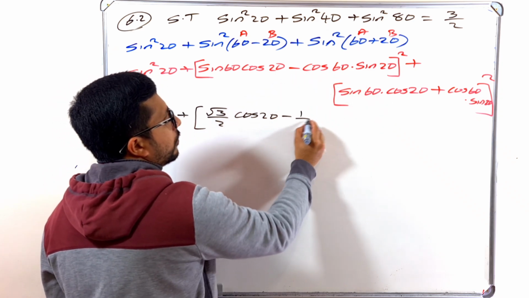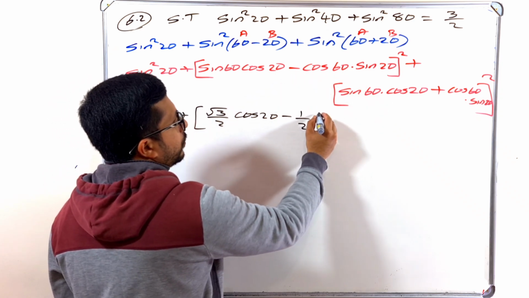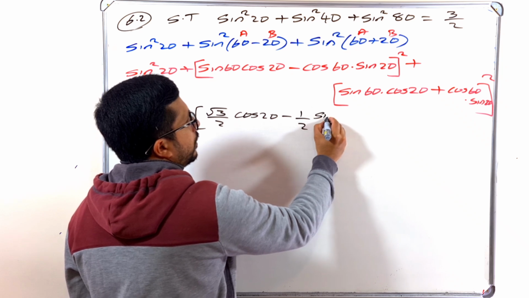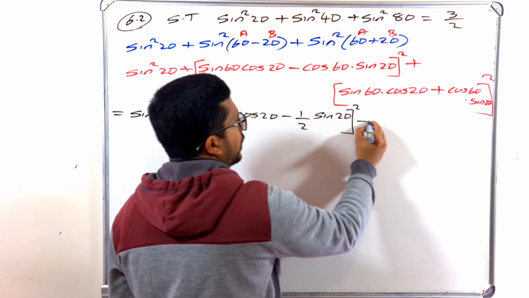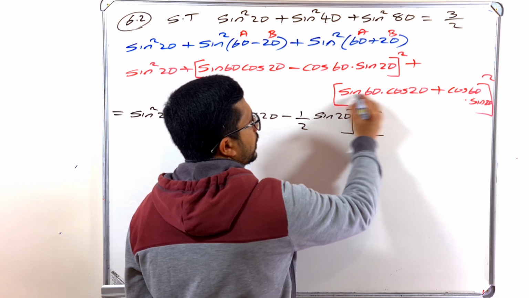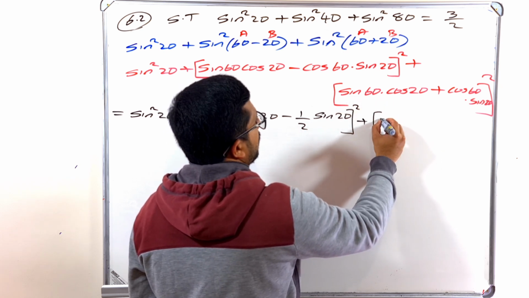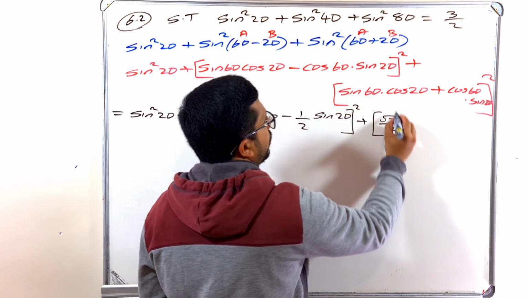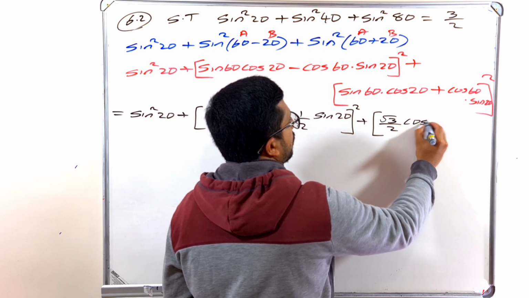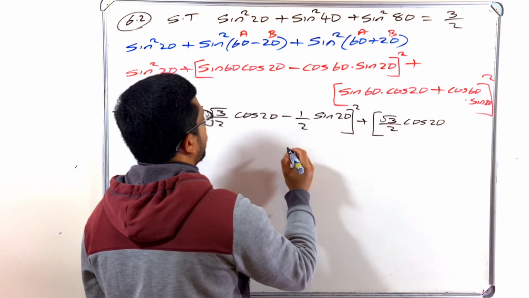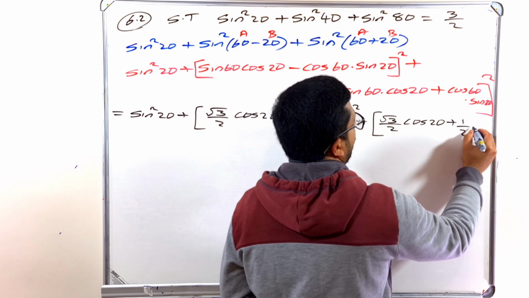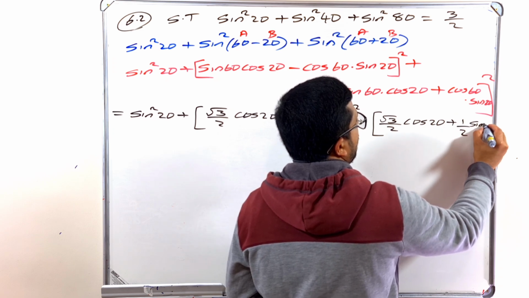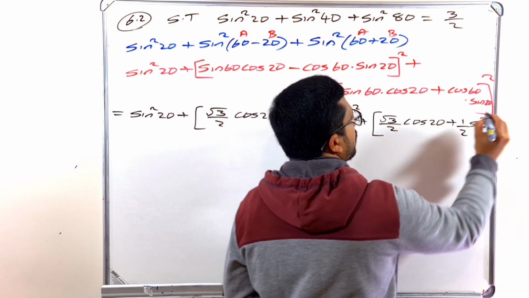Cos 60 is 1 over 2, into sine 20 square, plus sine 60 again, root 3 by 2 cos 20 plus cos 60 is 1 over 2 into sine 20 square.